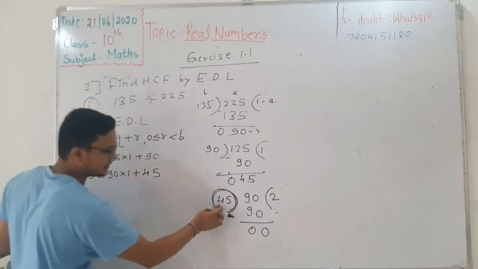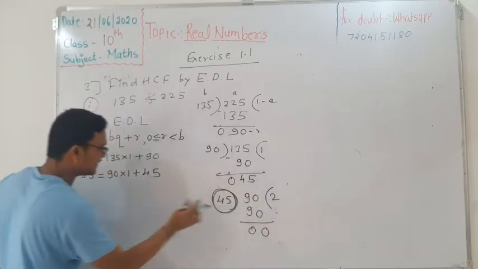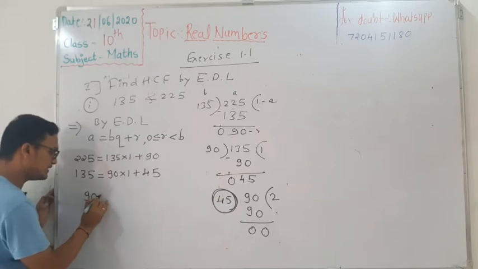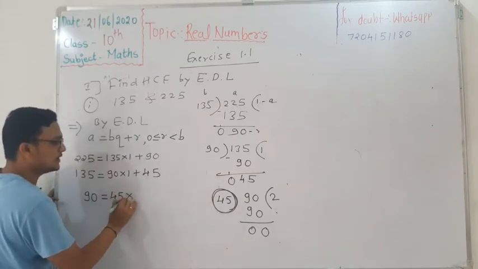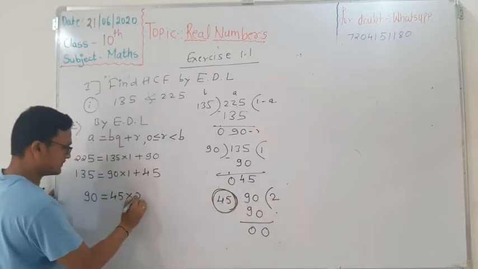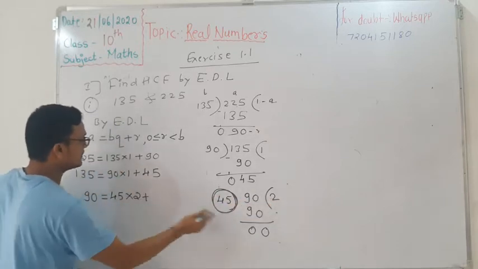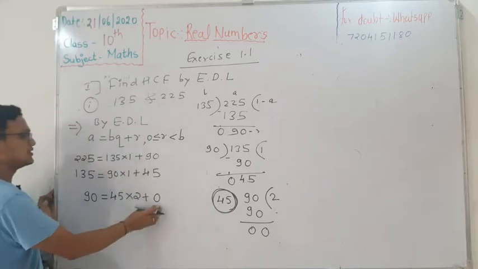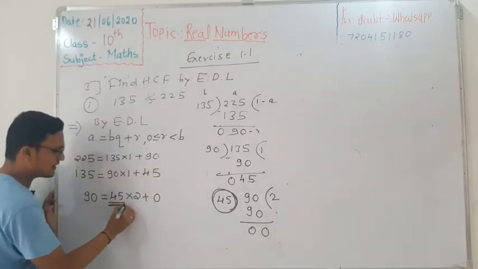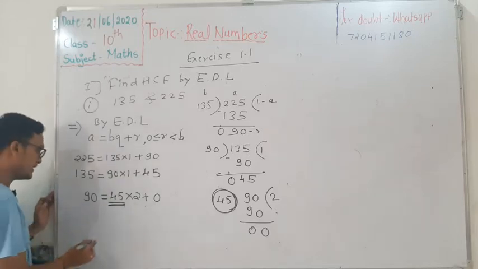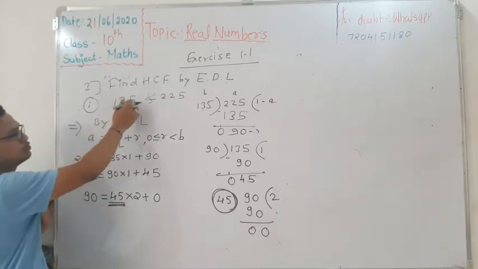Next, here dividend is 90. Dividend equals divisor into quotient plus remainder, so remainder is 0. Whenever the remainder is 0, this divisor is always called the HCF of those given two integers.